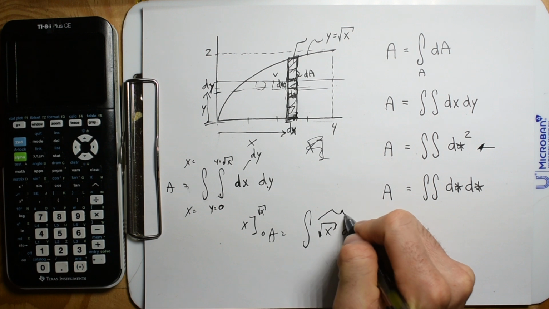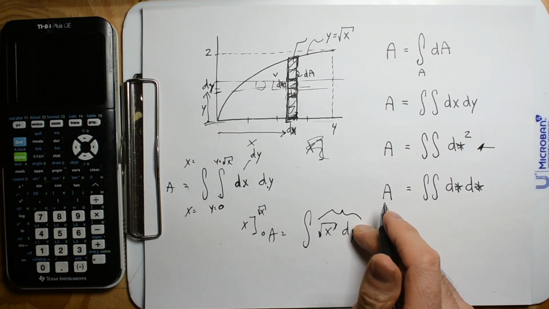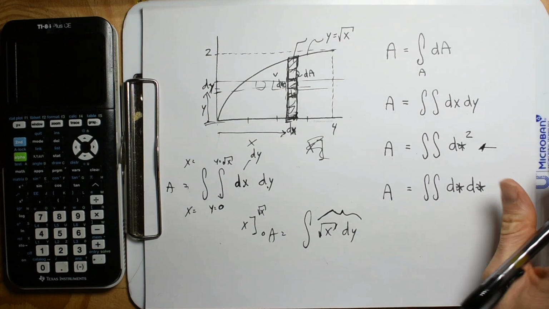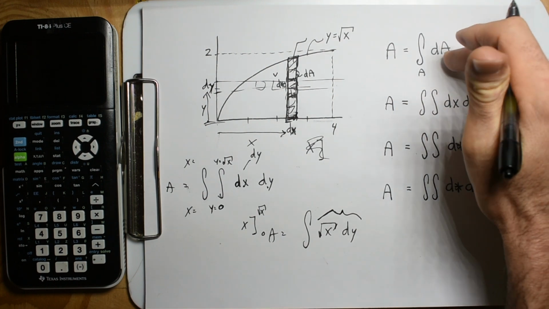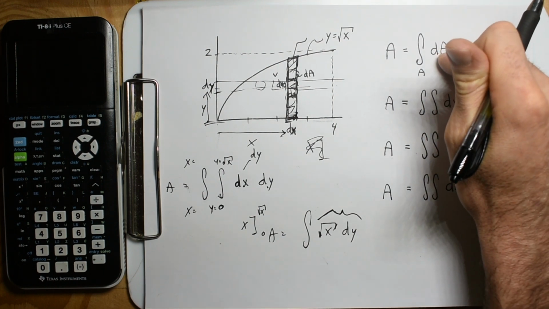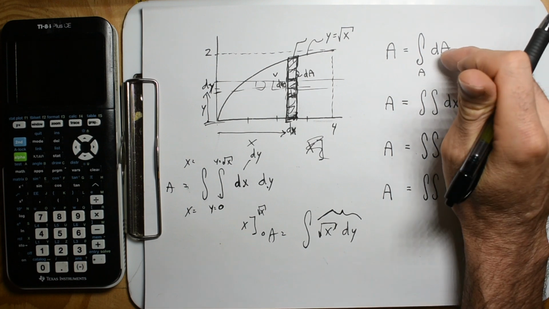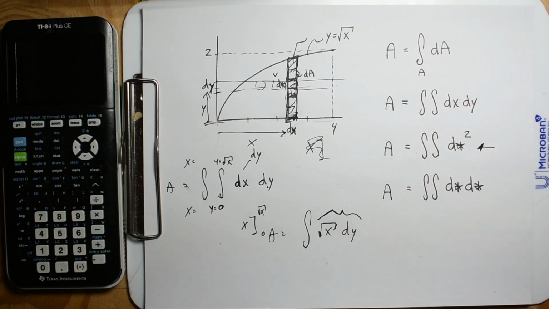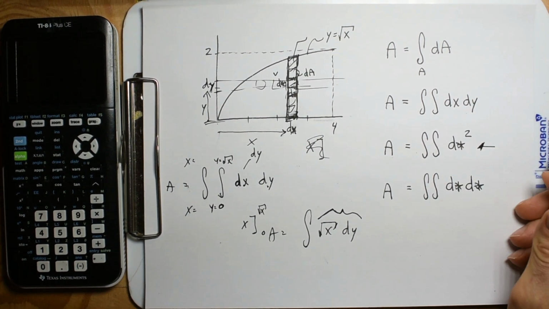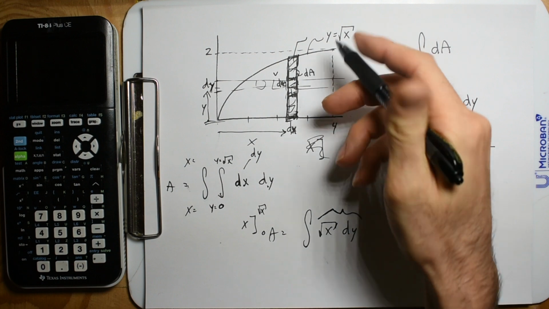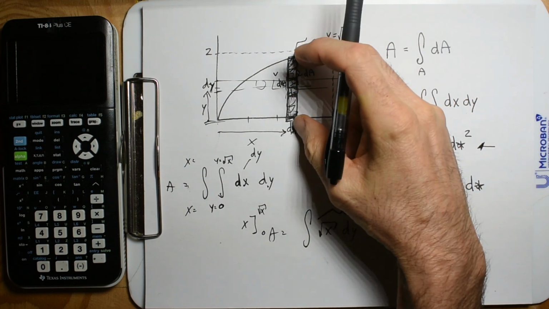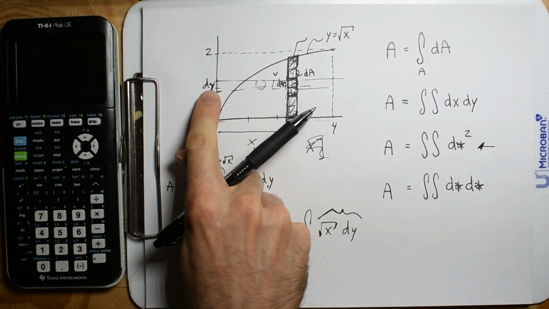This is still an area. Yeah, so that's kind of interesting, even though you have this dA, this differential area. So we have this vertical area, and we can't just multiply it by dy.